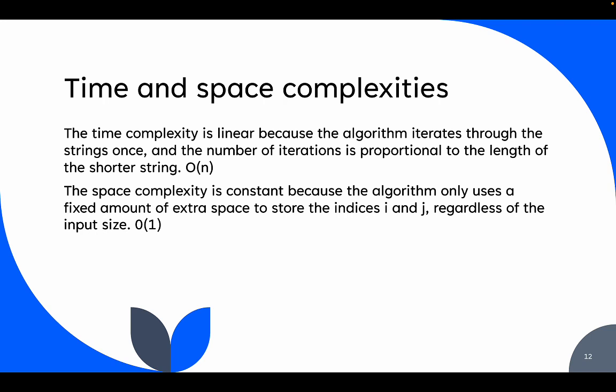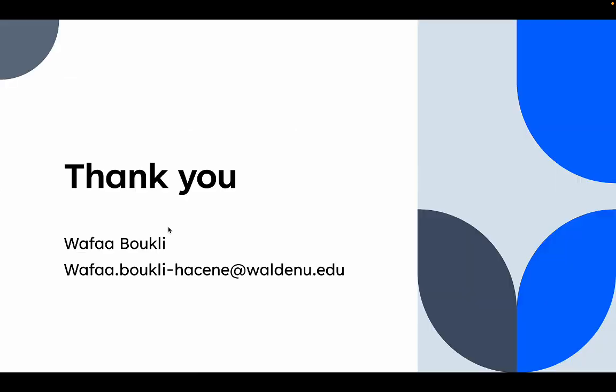Time complexity is linear because the algorithm iterates through the strings once, and the number of iterations is proportional to the length of the shorter string. So it's O(n). The space complexity is constant because the algorithm only uses a fixed amount of extra space to store the indices I and J regardless of the input size, so it is O(1).